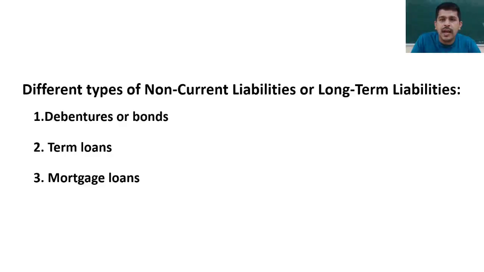Term loans are usually long-term loans extended for more than 5 years and up to 25 years by financial institutions or banks. Number 3. Mortgage loans. Mortgage loans are secured loans which are issued by financial institutions or banks, taking the mortgage of any valuable asset of the business or company for issue of the loans.